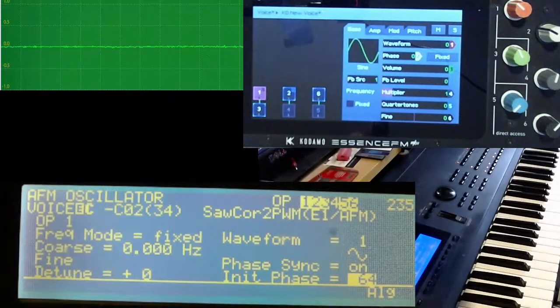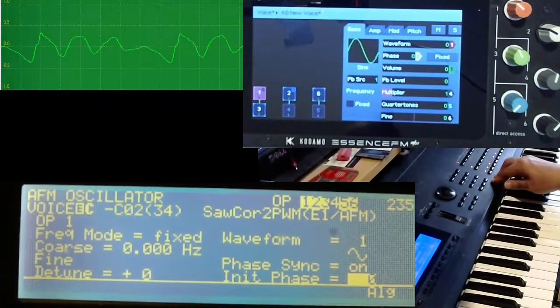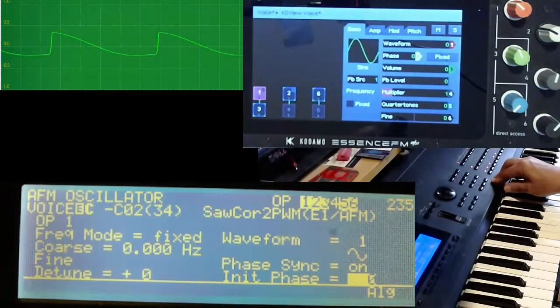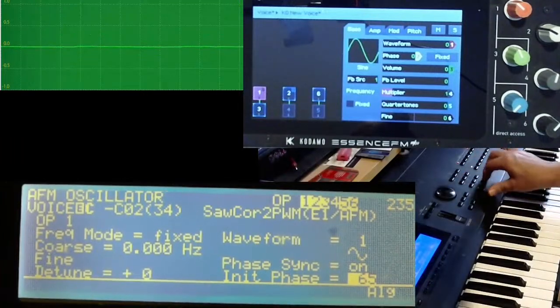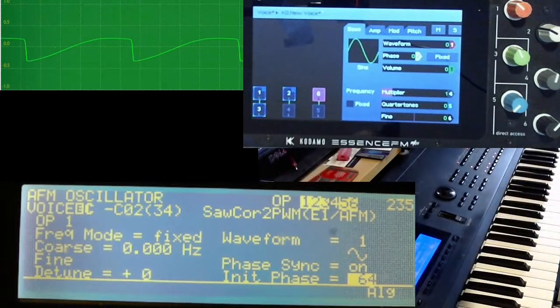So we've flipped our sawtooth. It went from falling slope to rising slope.